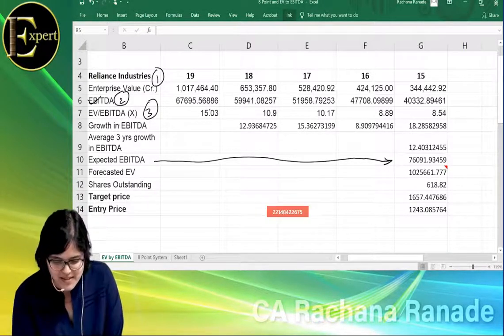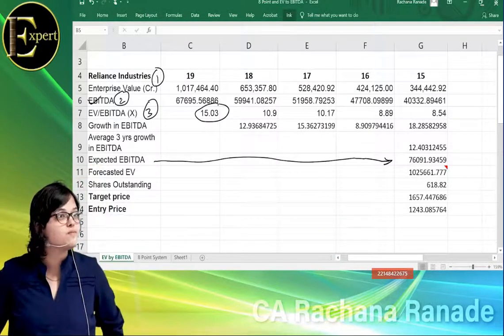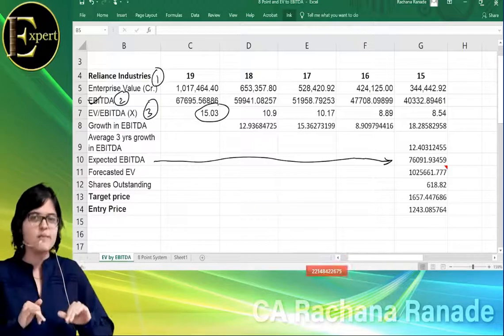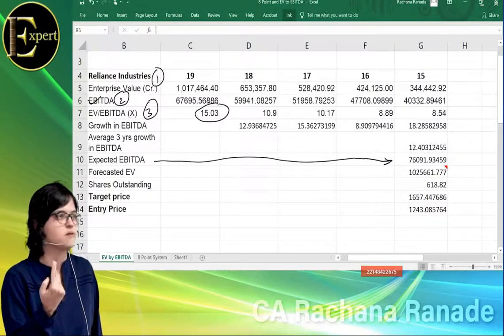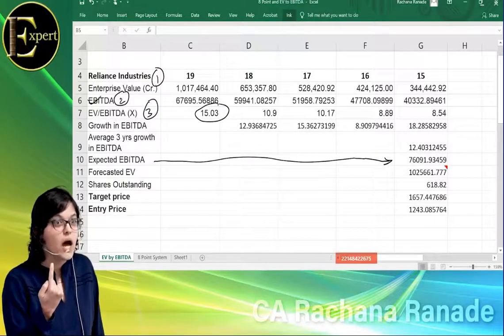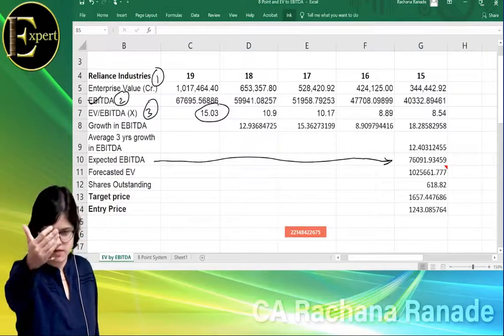What does this 15 rupees signify? How much times of EBITDA I am ready to pay to buy out your company? Okay. So one more time. If your earning is 1 rupee, I am ready to pay 15 times. I am ready to pay 15 rupees. Give me your company.